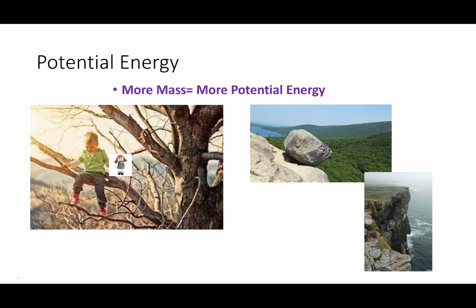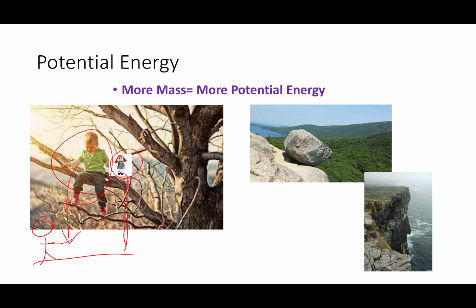Potential energy also depends upon mass. Let's say that you have a small child up a tree and the small child says, "Catch me, Daddy, catch me, Mommy, catch me, Aunt Frida." Well, if they first throw down their rag doll and the rag doll weighs nothing, it's just a pile of fluff, you catch it, easy. But you take a 30, 40-pound kid and they hit your arm, it's a lot.